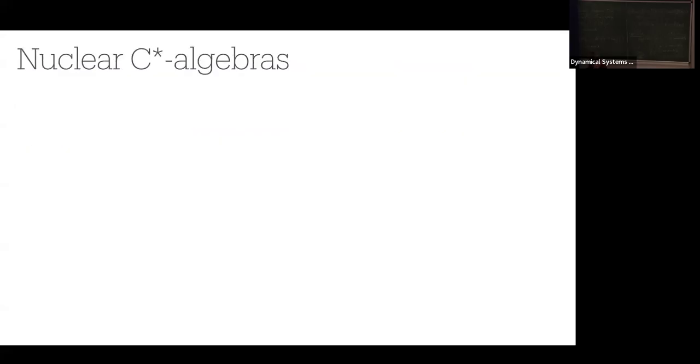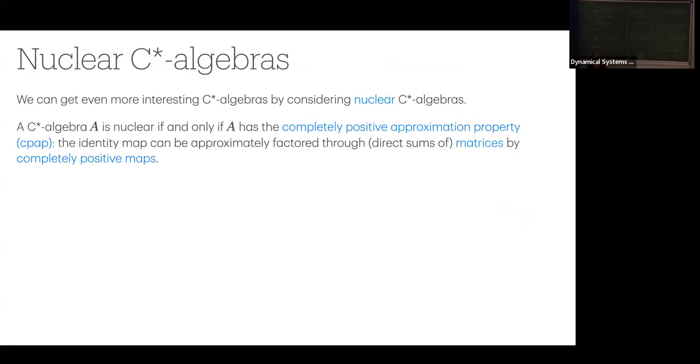We have things called nuclear C-star algebras. A C-star algebra A is nuclear if and only if it has the completely positive approximation property, which means that the identity map can be approximated through finite dimensional C-star algebras.